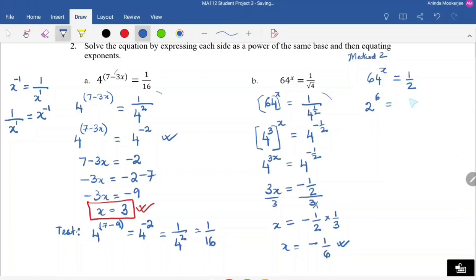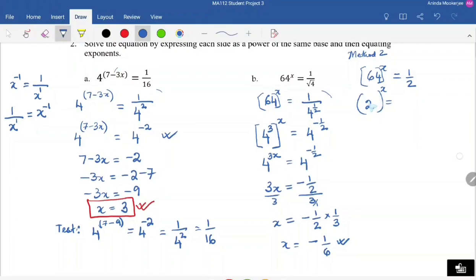Equals, now 2 raised to the power 6 raised to the power x. All right, don't forget that, because we have just rewritten 64 as 2 raised to the power 6 raised to the power x. On the other side, we have 1/2.